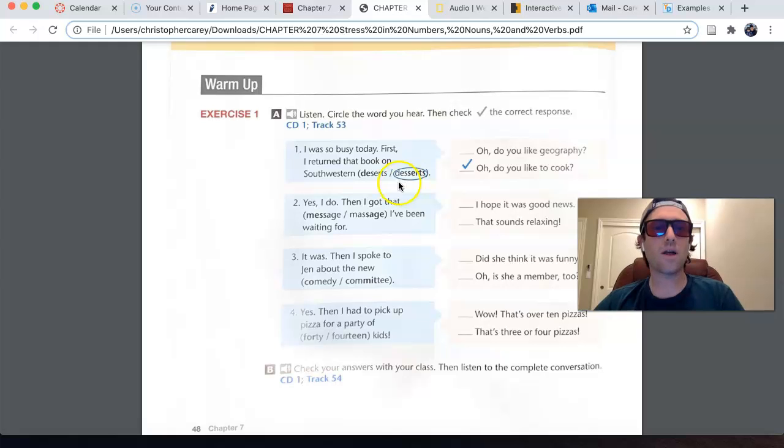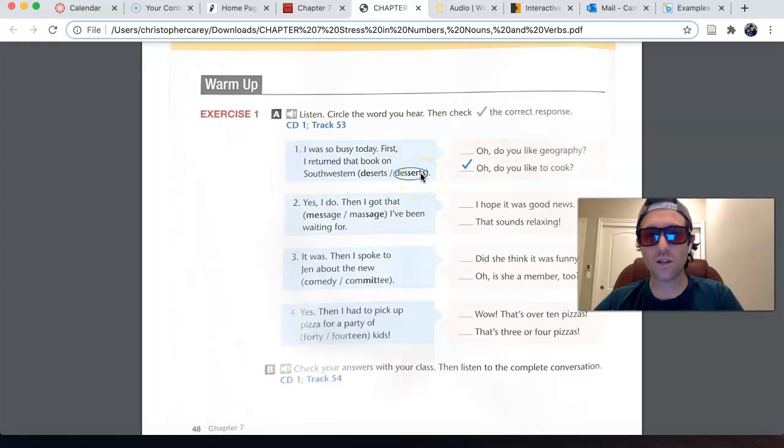For example, number 1: I was so busy today. First, I returned that book on Southwestern desserts. Desserts, not deserts, really dry climate deserts. Desserts.